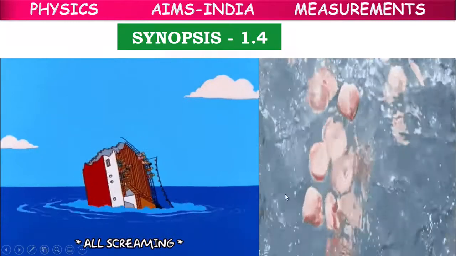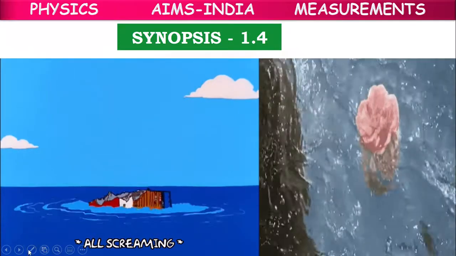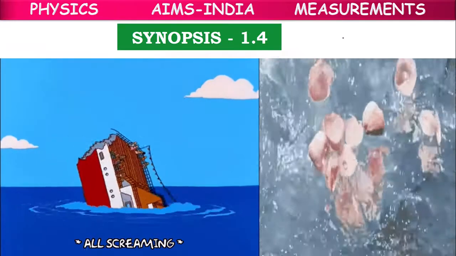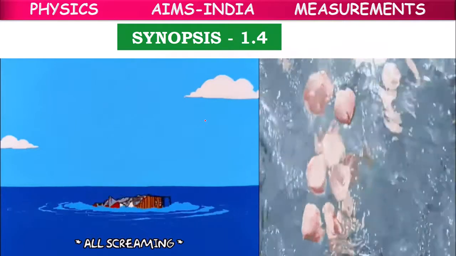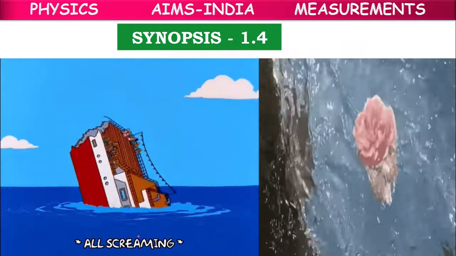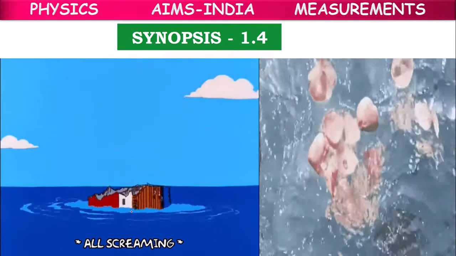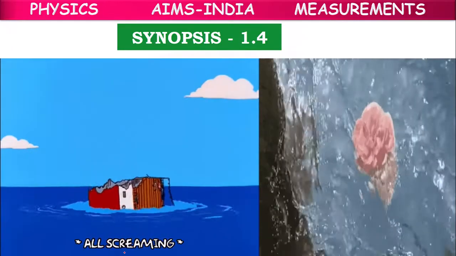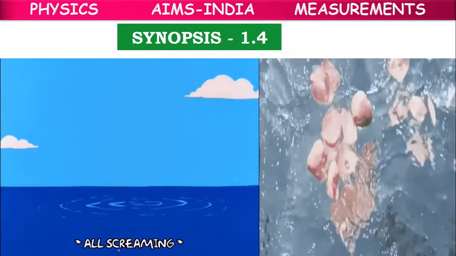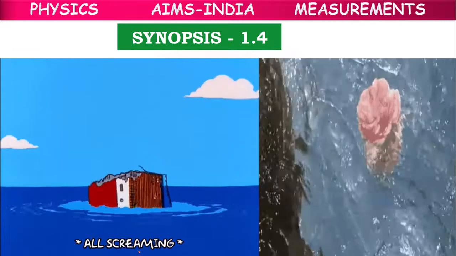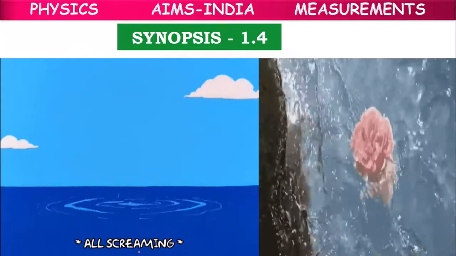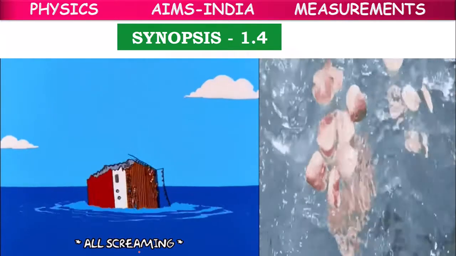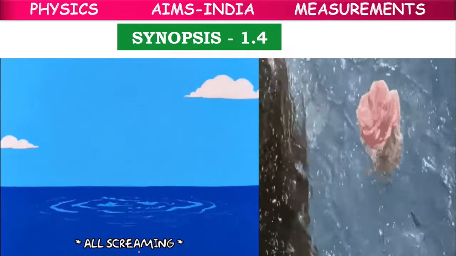So before going to the concept, first observe the two short videos, children. Here in the first picture, the ship is sinking into the water and all the people on the ship are screaming, shouting loudly to be protected.